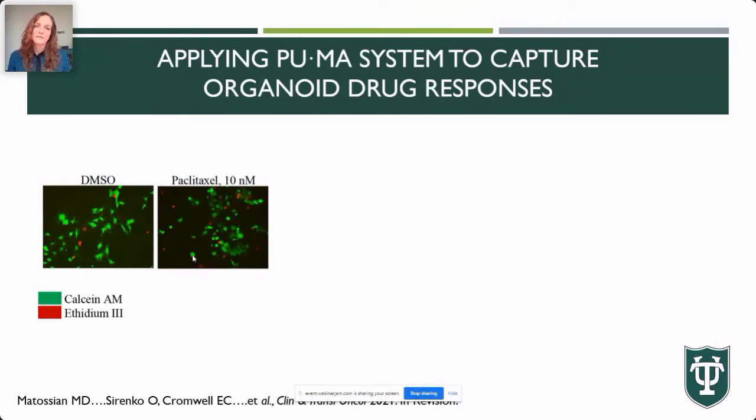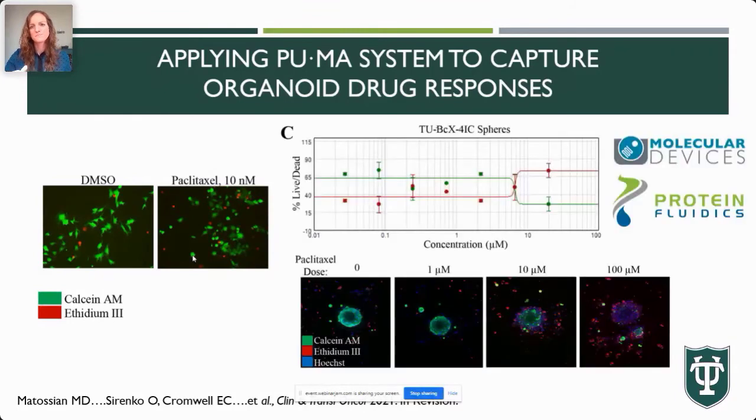And we wanted to really translate these 2D findings into the patient. There was a barrier or a gap there. And Protein Fluidics was able to help, and the PUMA system was able to help us really translate these findings better. We performed the exact same live dead stain, but using plated spheroids.